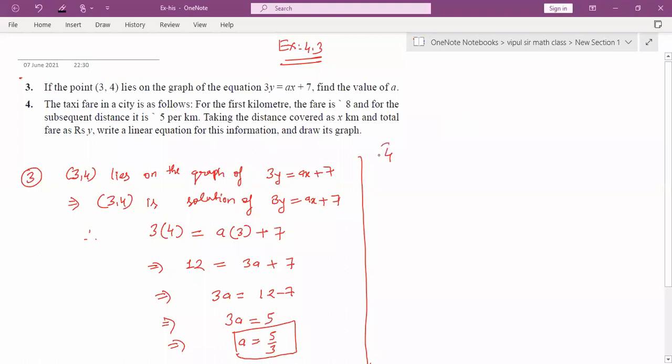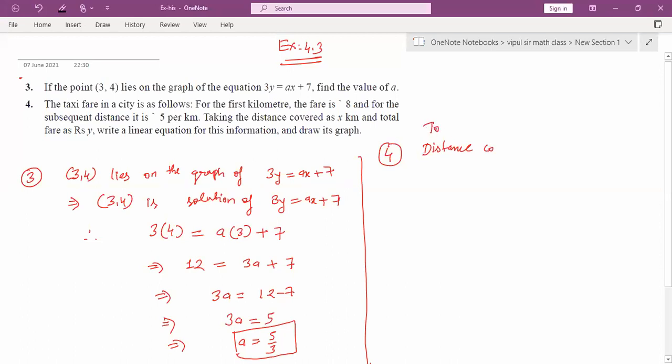See, in the fourth one it is given that a taxi fare in the city is as follows. For the first kilometer the fare is ₹8. If you go 1 kilometer, it will be 8 rupees, and for the subsequent distance it is 5 per kilometer. So for every kilometer, the 5 rupees is fixed. Here we can take the distance covered as x. Here, how much is the distance covered?